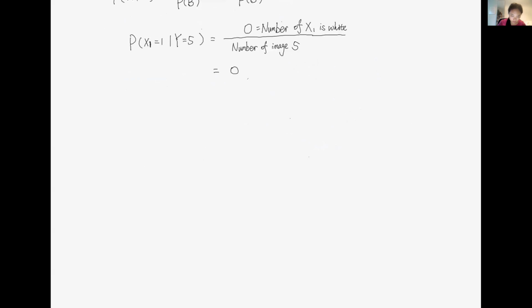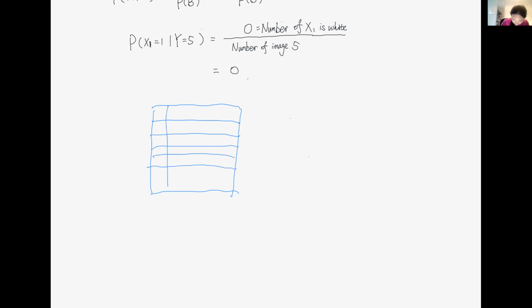Make it bigger, I think. So what is happening is I have an image, and it can be divided by pixels. And in my case, it's going to be 0. Let's change the color.